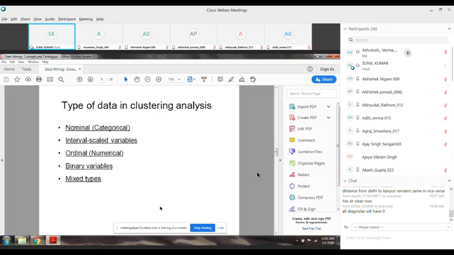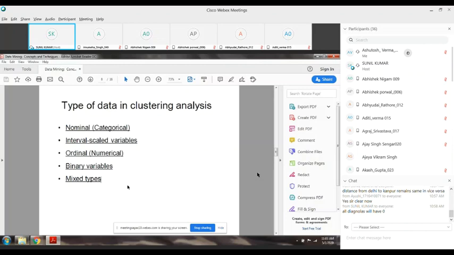So these are the various types of data used in cluster analysis, and we are going to see them one by one. Is it fine? You can remember that in clustering we have dissimilarity, which is the measure of distance between two objects.